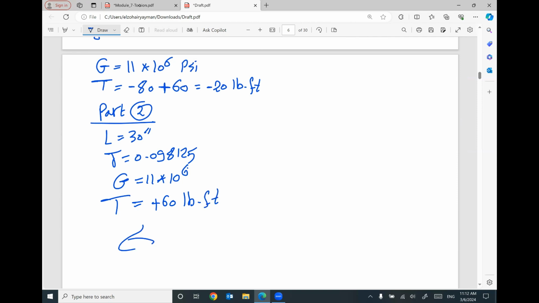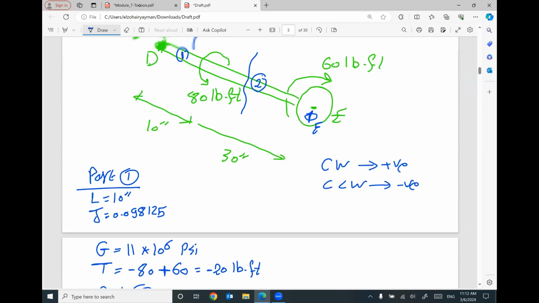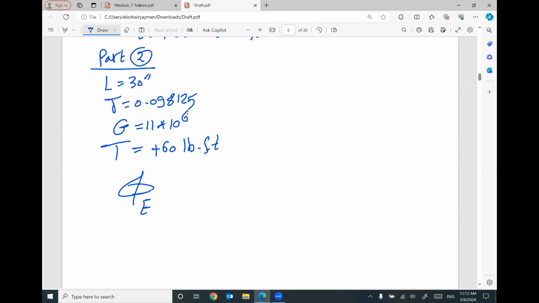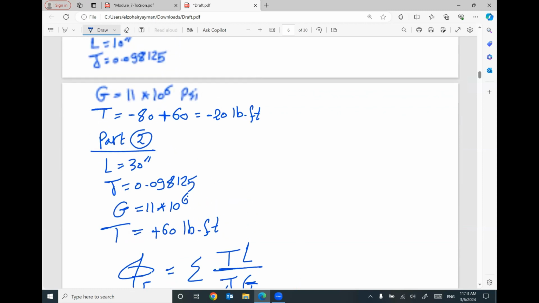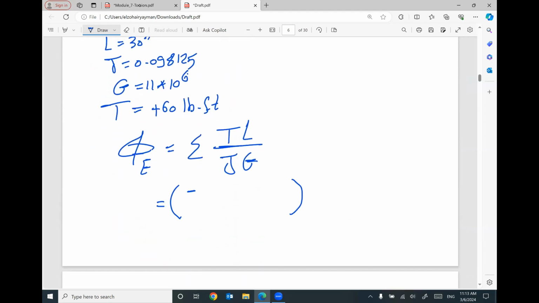That means the angle of twist at the end E will equal the summation of T times L divided by J times G. For the first part, we have negative. What was the torque? 20.